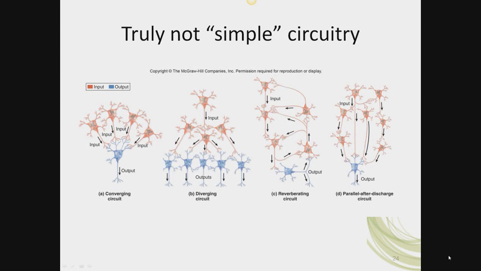And then there's this quirky one called parallel after discharge, and it basically means that an upstream neuron can diverge and communicate to 2 different sets of neurons with their own communications, and then ultimately these 2 streams of neurons can converge. So parallel after discharge simply means you diverge and then converge all over again.